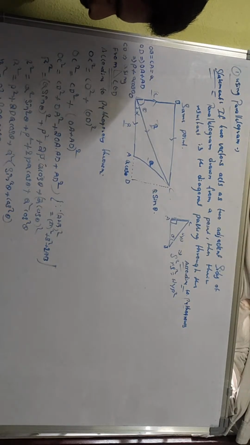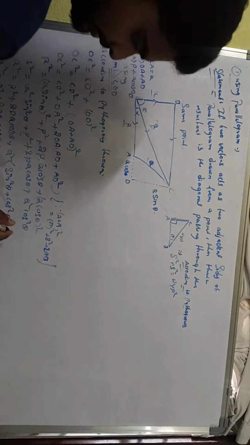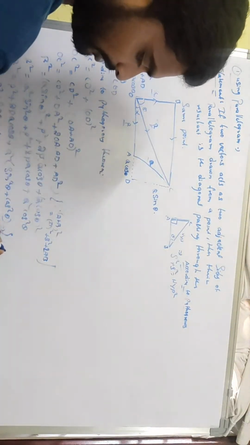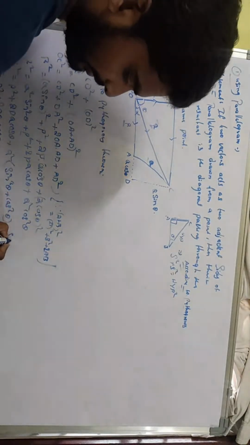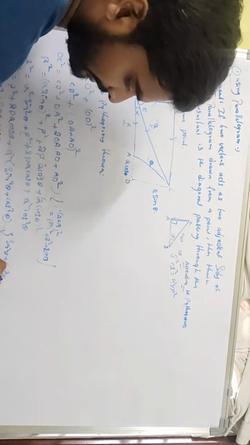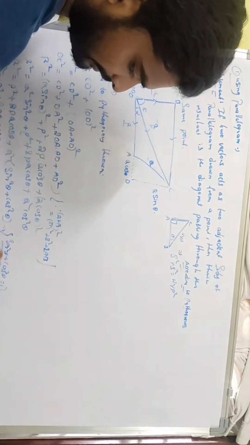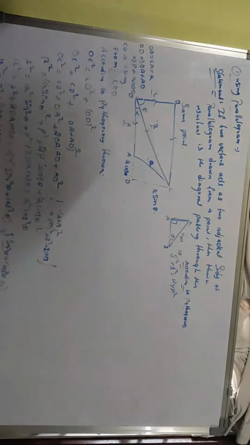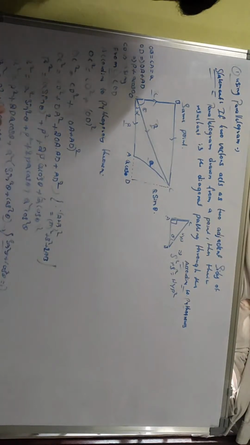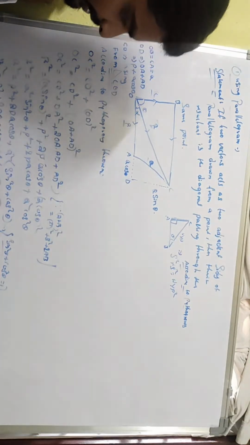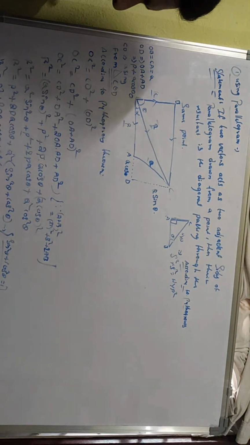In trigonometry, sin square theta plus cos square theta is equal to 1. This is the trigonometric identity. Clearly, Q square into 1, we replace with 1.